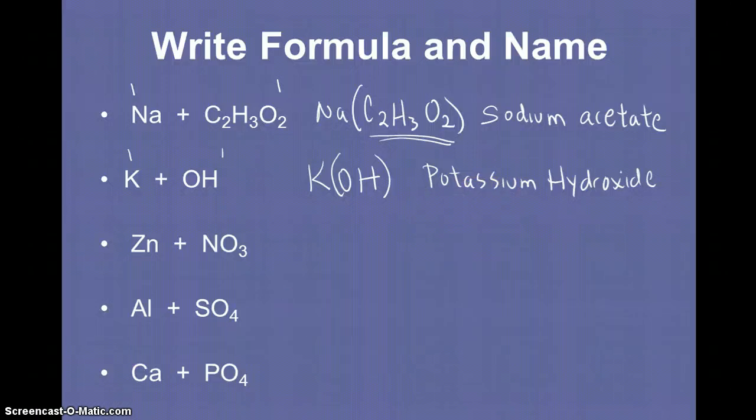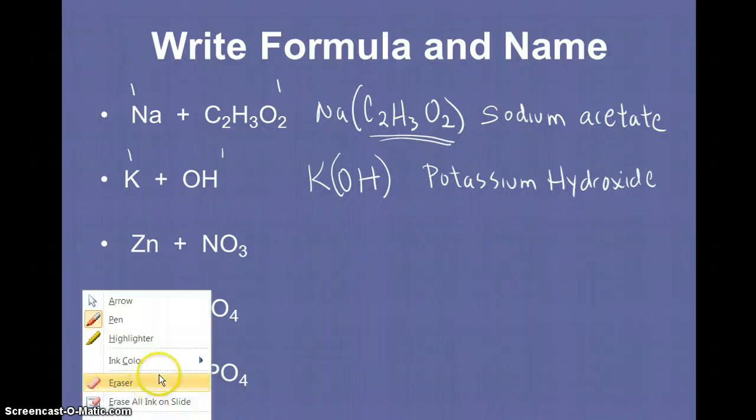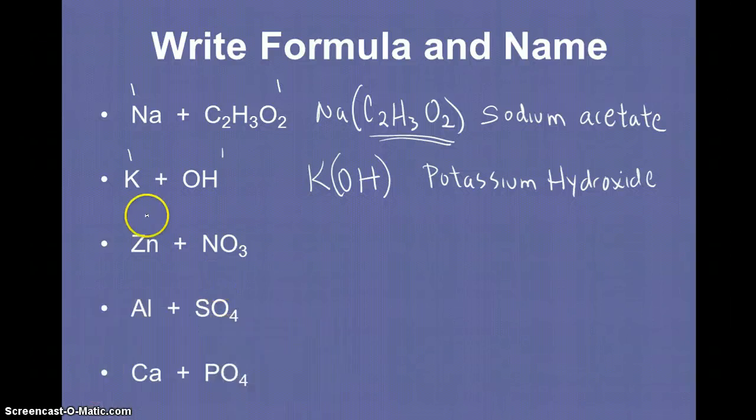Okay, let's try the next one. We have zinc with nitrate. Zinc has an oxidation state of 2. Excuse me, my pen just stopped again. Nitrate has an oxidation state of 1. Switching those oxidation states, the 1 is going to come after the zinc. The 2 now is going to come after the nitrate. And it will look like this.